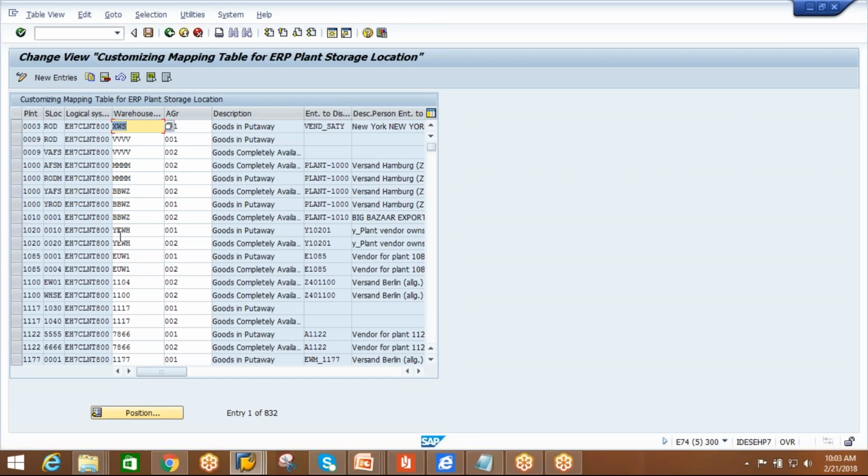Raghu, something you want to ask? Yeah, one of our friends asked about only one storage location. In that case, how will this 411 movement type work? That cannot come, only 101.